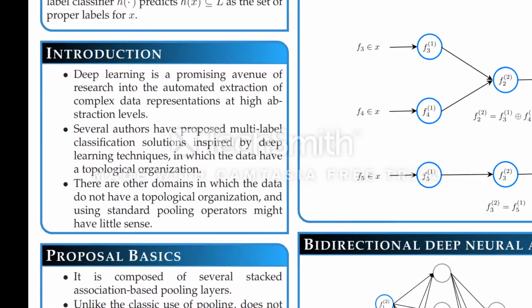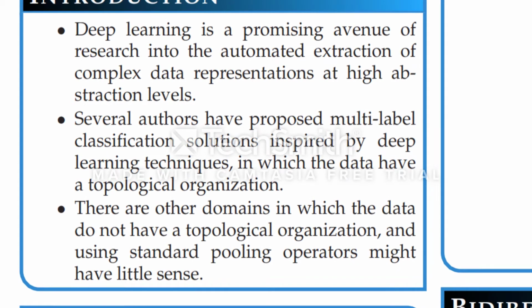Deep learning is a promising avenue of research into the automated extraction of complex data representation at high abstraction levels. These algorithms develop a hierarchical and layered architecture of learning and data representation, in which higher-level features are defined in terms of lower-level features.